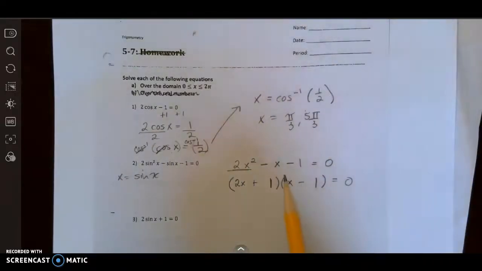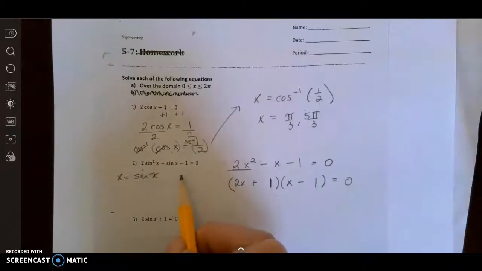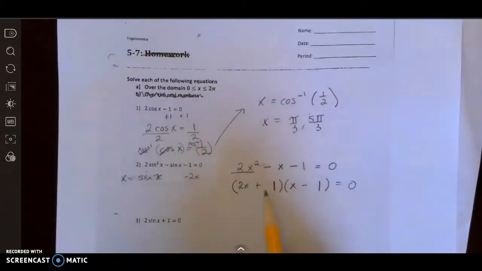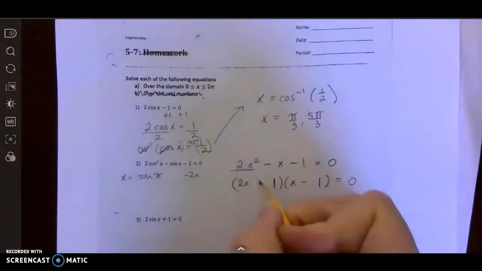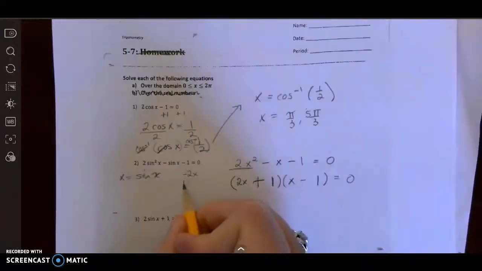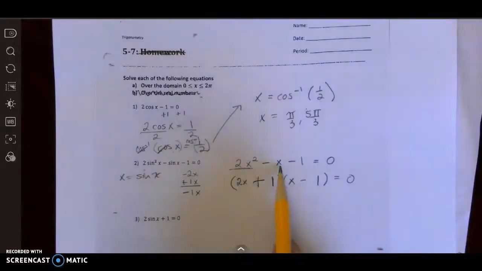What I have to do is see if my outer and my inner term will add to negative x. 2x times negative 1 is negative 2x, and positive 1 times x is 1x. Sorry, it's a little messy. Plus 1x, and that adds to negative 1x, which is what I wanted, which means I have factored this correctly.